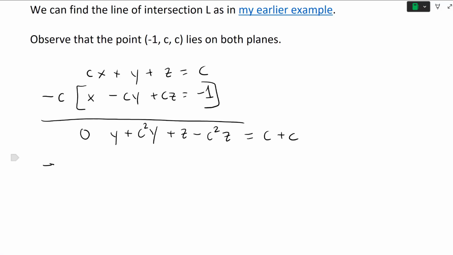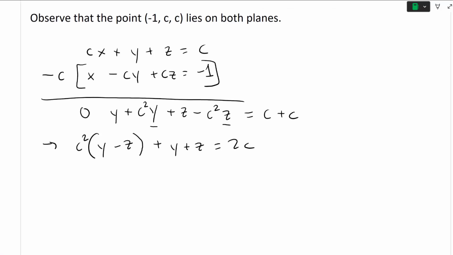Now I'm going to factor out the C squared: C squared times (y - z), plus y plus z equals 2C. Now, if we want the first term to vanish, let's take the case y = z.